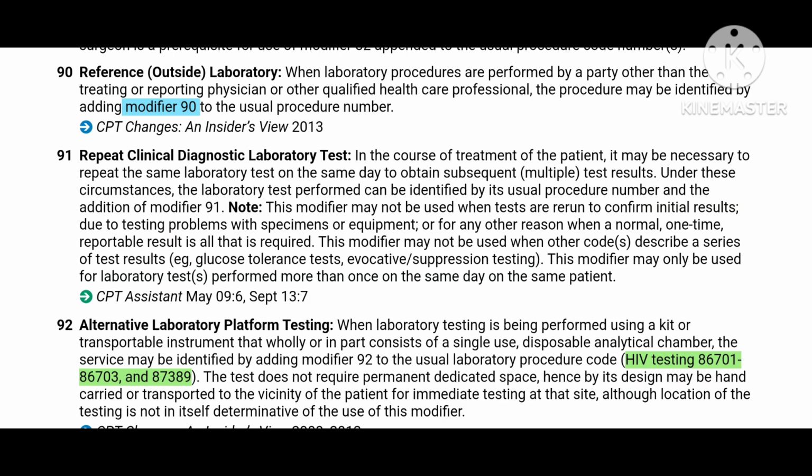In this case, what they will do is, for example, they are doing some postmortem, but they don't have certain lab facility in the hospital, so they are sending the sample to an outside lab. Then they will use modifier 90 with the procedure code. So that will say that the procedure is not done in the same hospital, it was done from an outside lab. That is modifier 90.